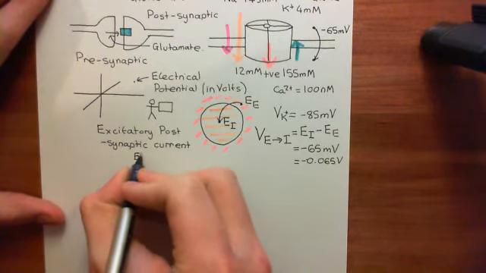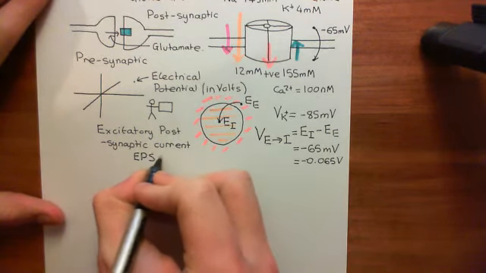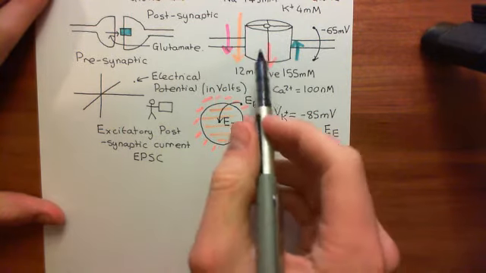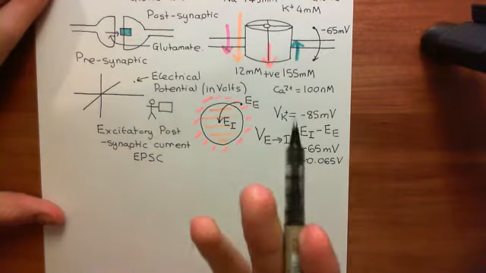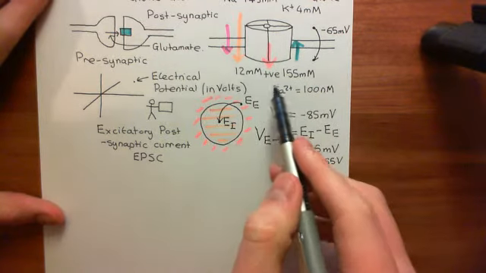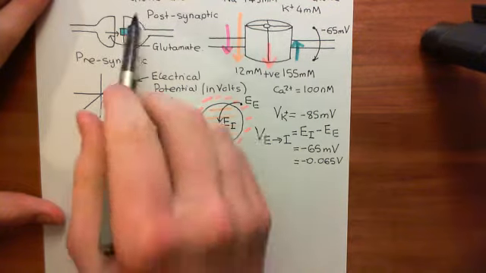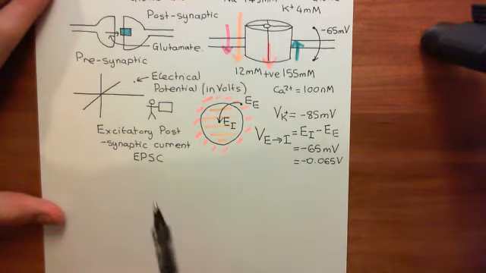Firstly, let's discuss what a current is. A current just means a movement of charged particles. Whenever you've got a movement of charged particles across the cell membrane, that's called a current. This is certainly a movement of charged particles across the cell membrane. Postsynaptic, because it's occurring on the postsynaptic cell; excitatory, because it's going to make it more likely that this postsynaptic neuron is going to fire an action potential.